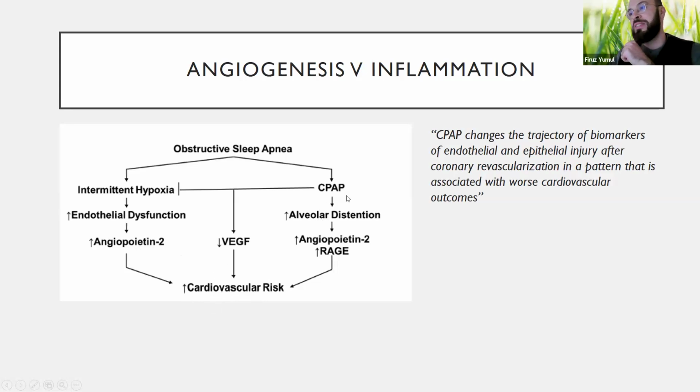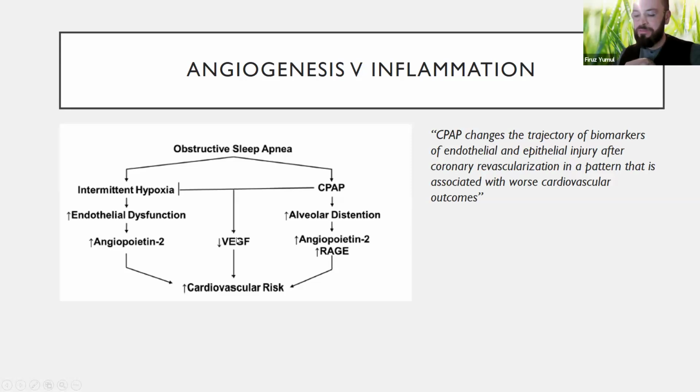And then CPAP itself, and we'll get into this in more detail later, there's a thought that it could increase alveolar distension and also increase angiopoietin-2 inflammatory markers that increase cardiovascular risk.